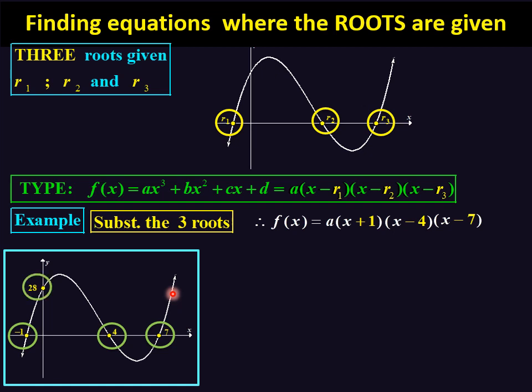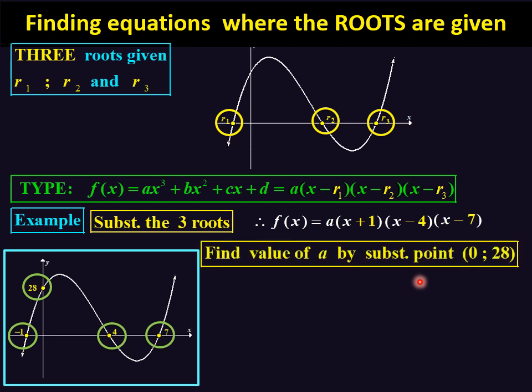But there's another point that's given, the y-intercept (0, 28). Now if we substitute (0, 28), x is equal to 0, and what will be 28? That's right, the f(x).